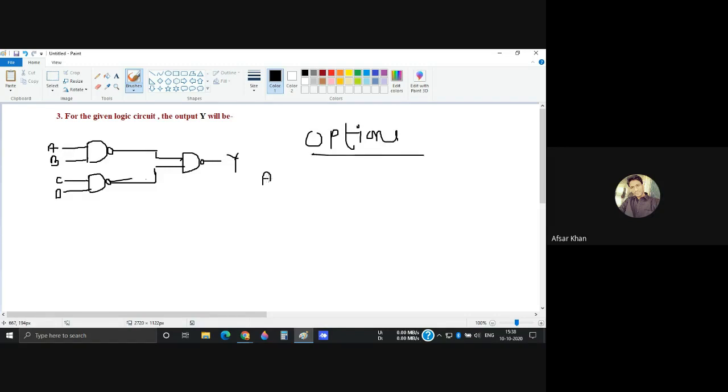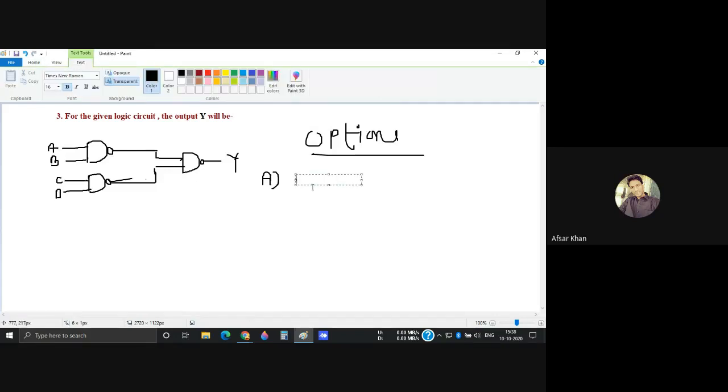Our options are: option A is y equals (A plus B) times (C plus D). Option B is y equals AB plus CD.